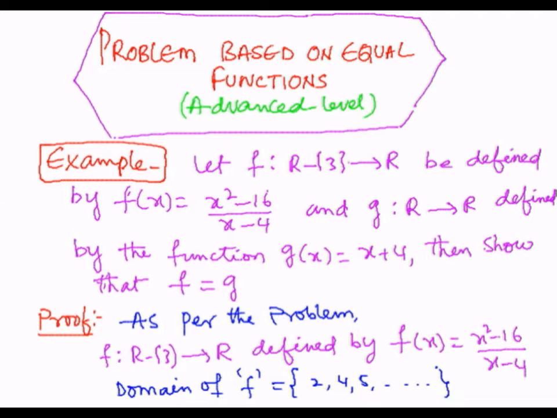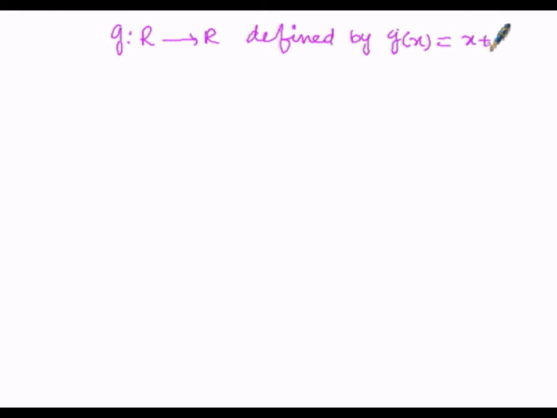Similarly, the next function is given by g from reals to reals, defined by g of x equals x plus 4. In the next logical step, the second function g is from the real numbers to the real numbers, defined by g of x equals x plus 4 as per the problem given to us.